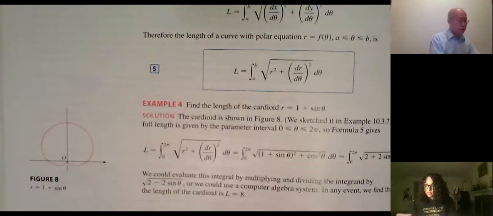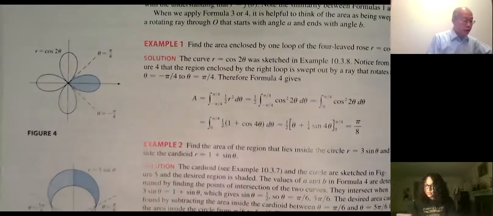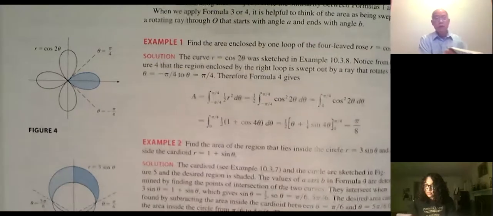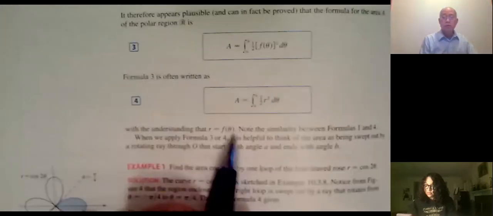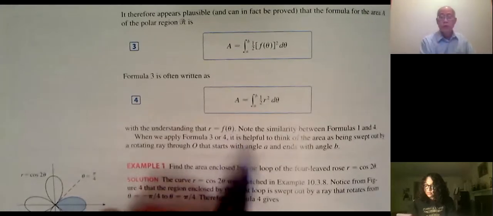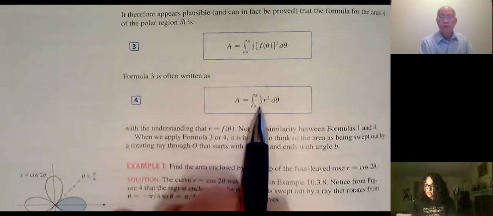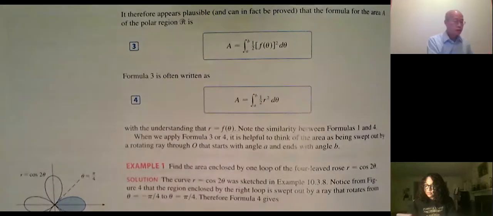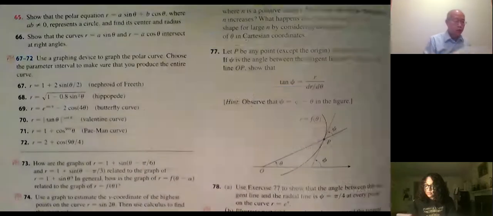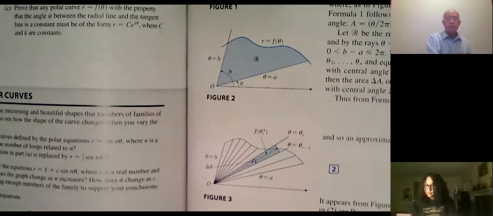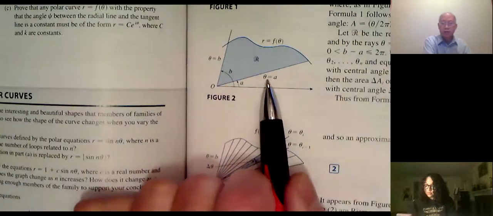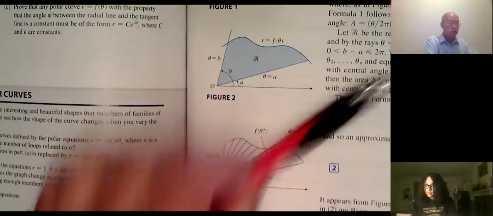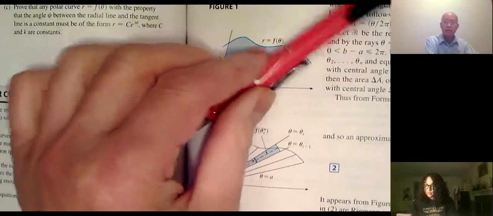So the major idea in 10.4 is area. Areas in polar graphs. So here's our formula. Integral from a to b of 1/2 r squared d theta. Okay, theta is going from a to b. So unlike rectangular coordinates, where x is normally going from something to something, theta is going from, let's say, a to b. So you're sweeping out area in this fashion.